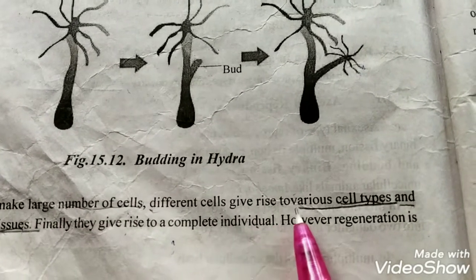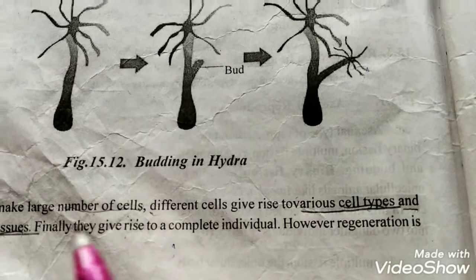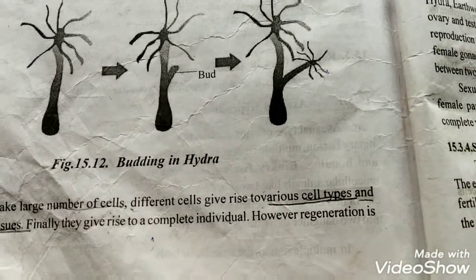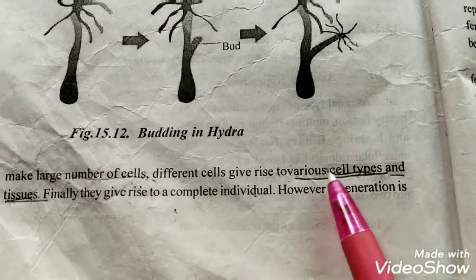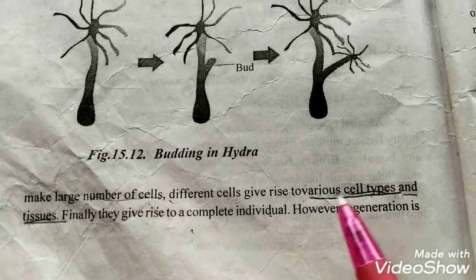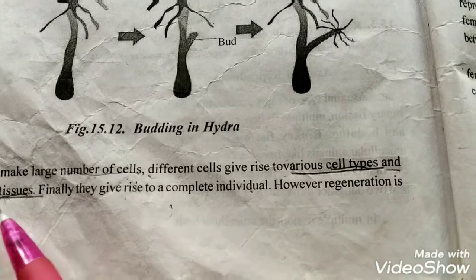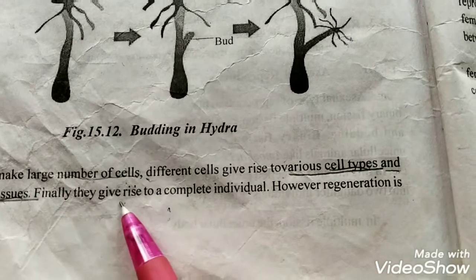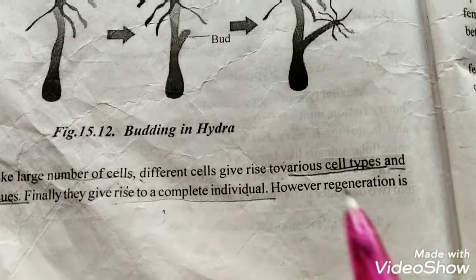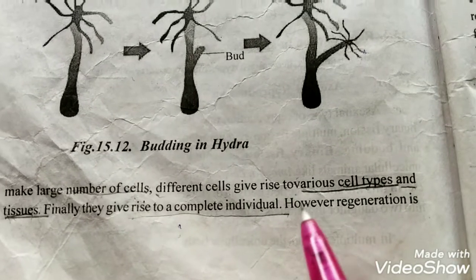Different cells give rise to the various cell types and tissues. Once the specialized cells give rise to the various cell types and tissues, this will result in the formation of a complete new individual.